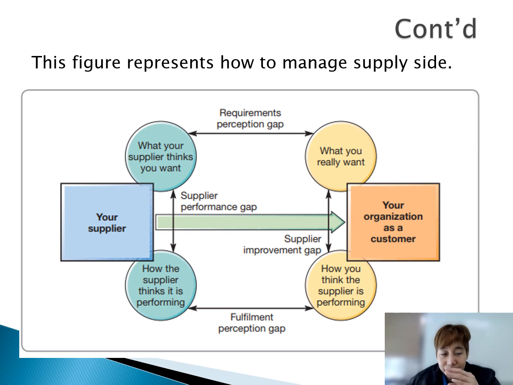Okay. If you know the gap, you can learn from it. If it's not good yet, what should be fulfilled to be perfect? What you should improve, what you should develop in order to improve the performance of your company.